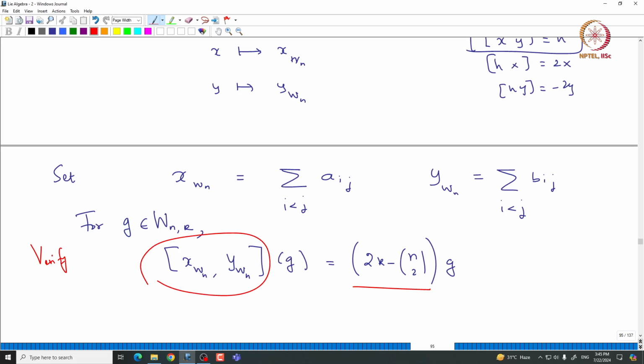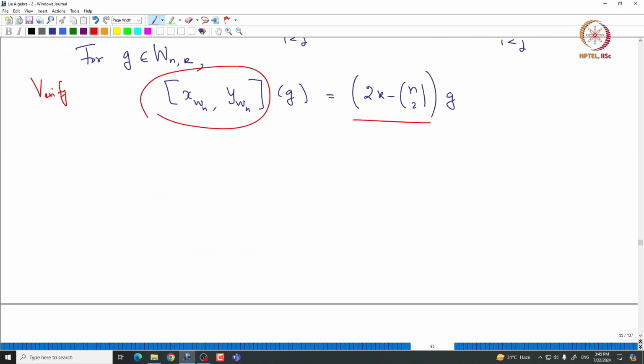Now, to say that this is exactly giving us a representation of sl2, we have to verify the following formulas. I will leave it to you to verify. So, this is the first thing to verify.